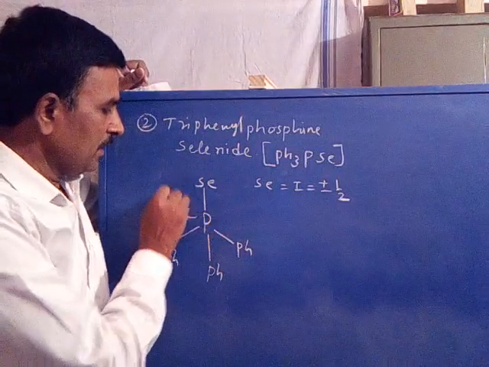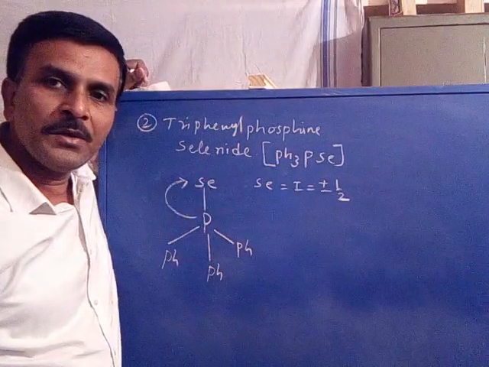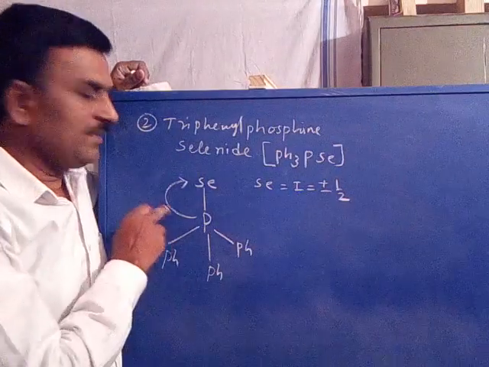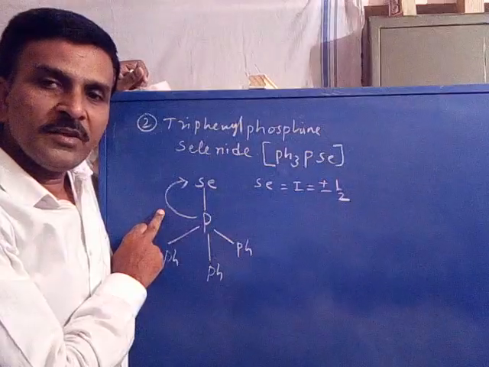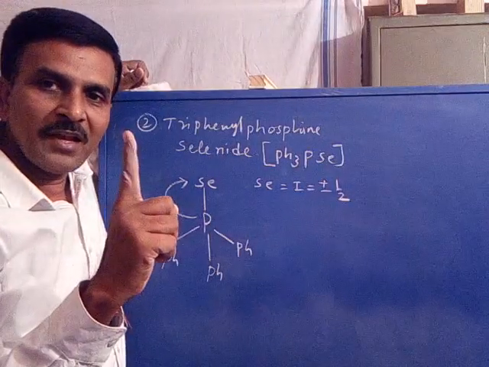But here the phosphorus couples with the selenium nucleus. This is heteronuclear coupling. How many selenium nuclei is the phosphorus coupled to? Only one selenium.